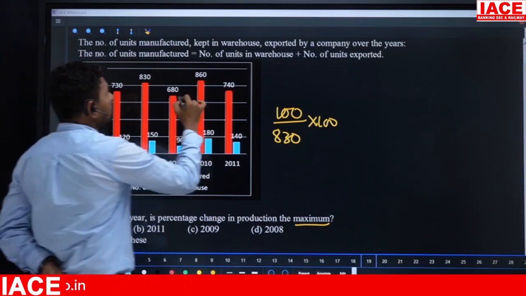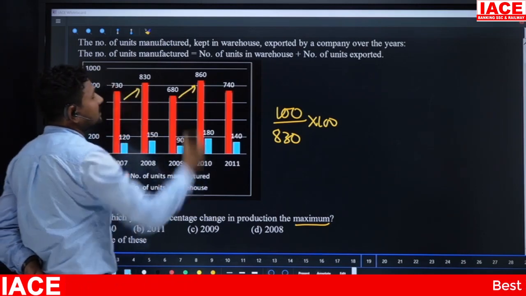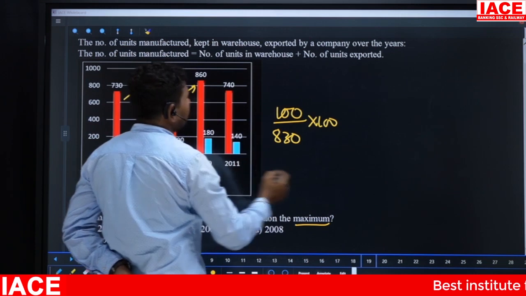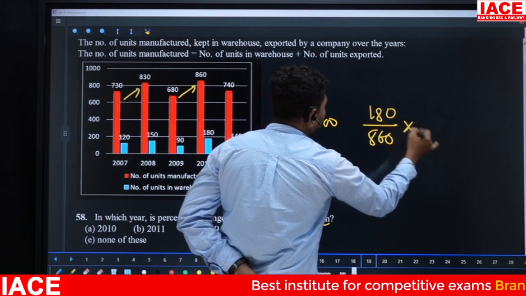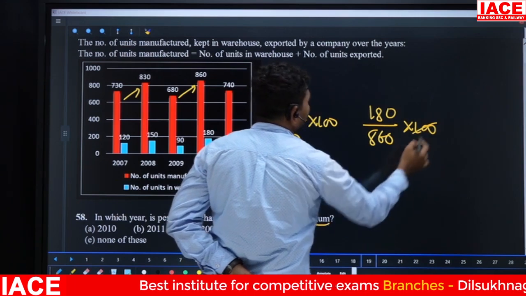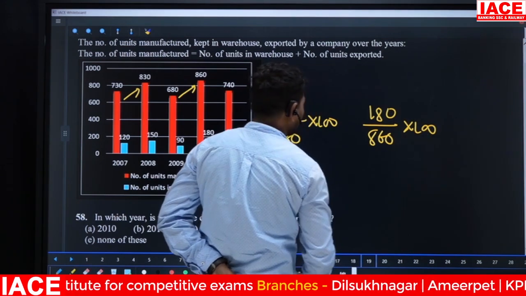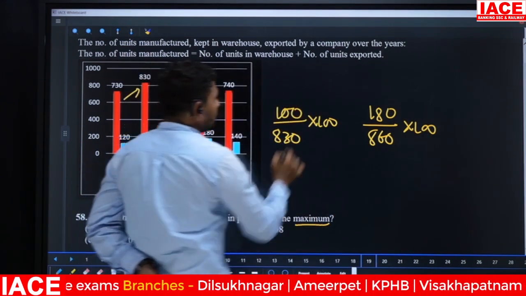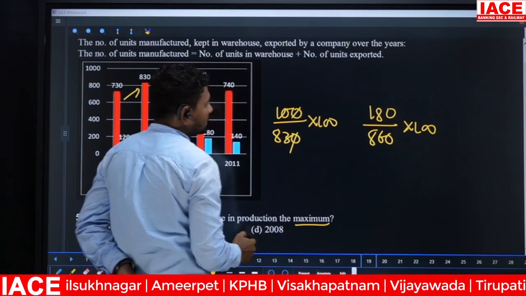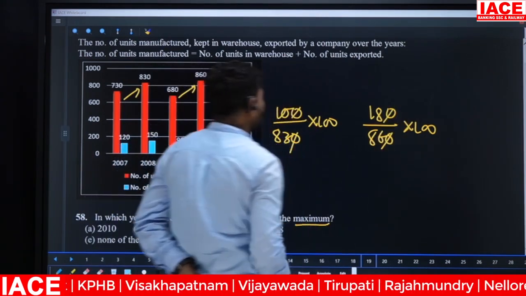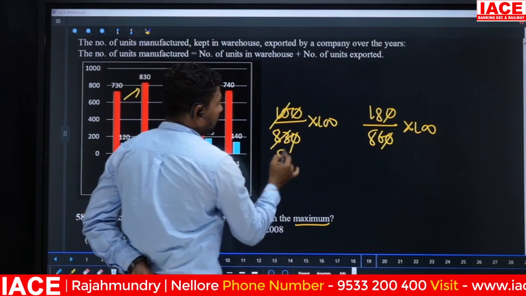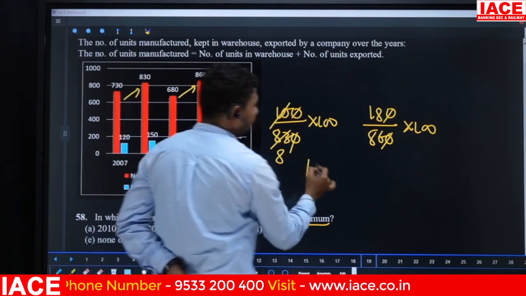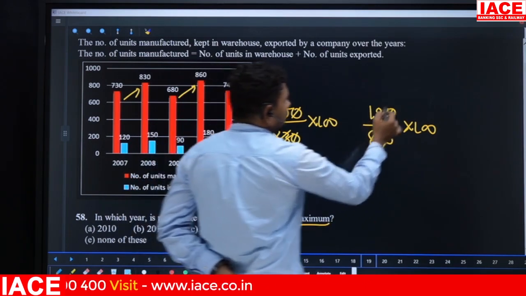As it is, I'm going for these two values, 680 and 860. From 680 to 860 it is 180. 180 by 860 into 100. We should compare the values. To get the bigger value, here is 0, 0 will be cancelled, and here is 0, 0 will be cancelled. Then we should calculate with 10, 1 by 8, approximately 12.5 percentage, and it is 18.